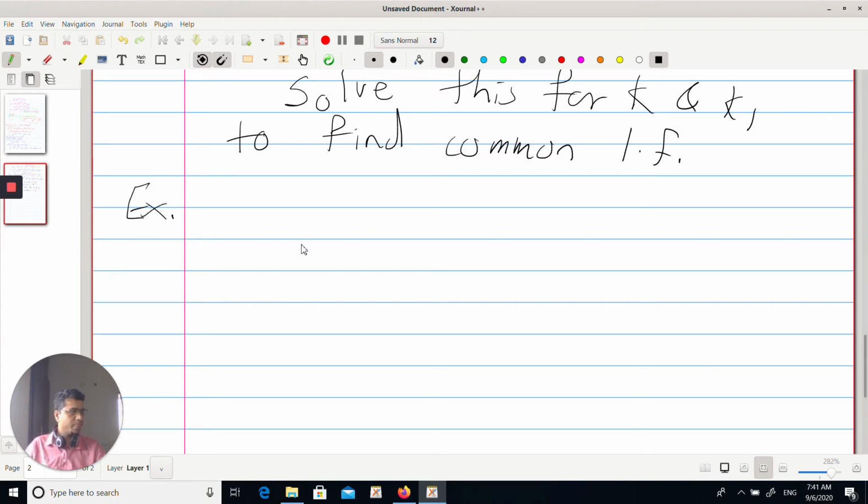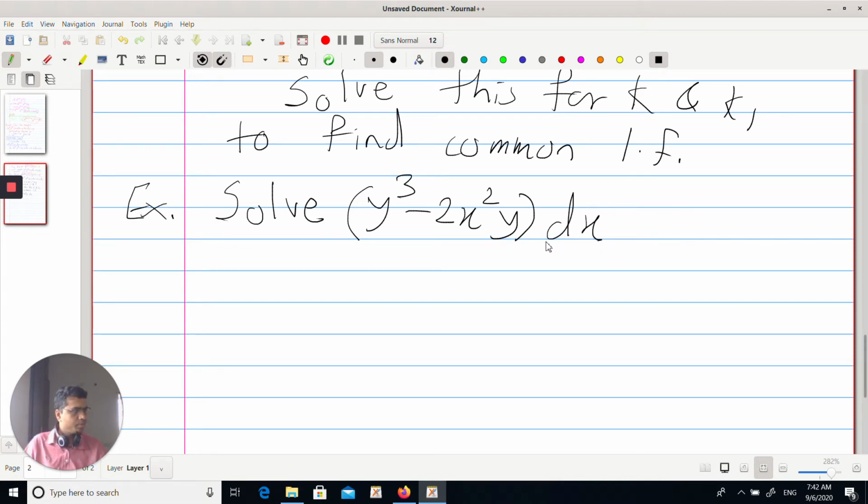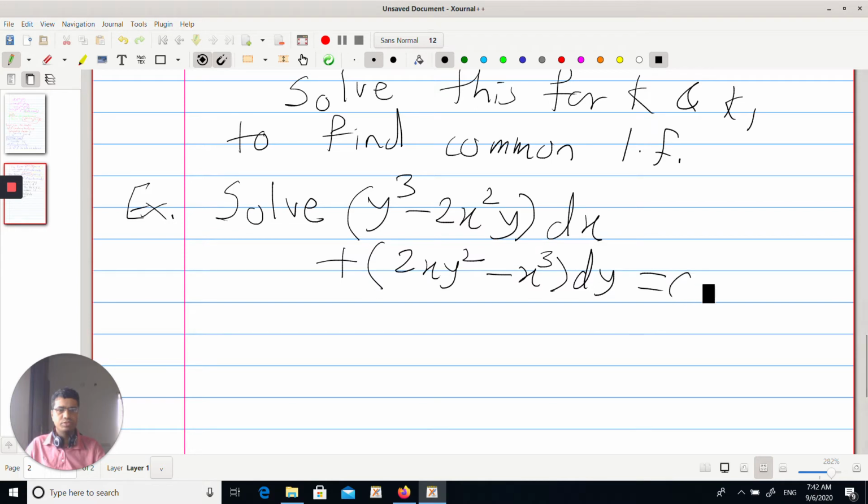Example: solve (y cube minus 2x square y) dx plus (2xy square minus x cube) dy equal to 0.